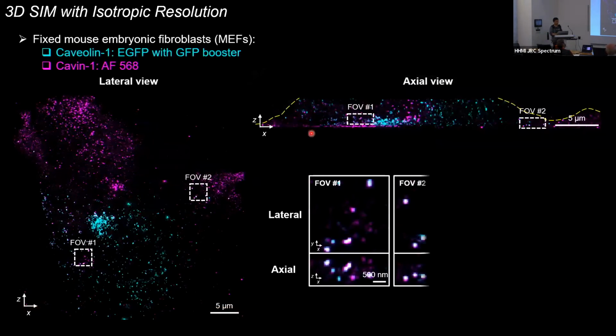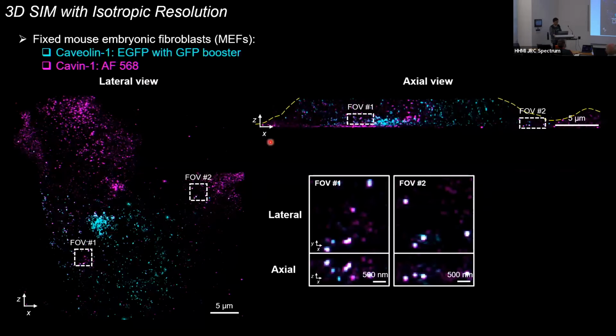So next, we also performed two-color imaging of caveolin 1 and cavin 1, two components of caveolar coats in the cells. Although most of them marked distinct positions inside the cells, we could still observe a very small region with co-localized signals.